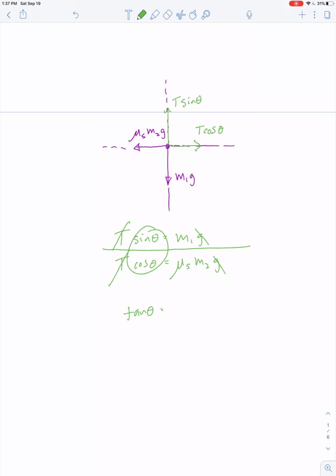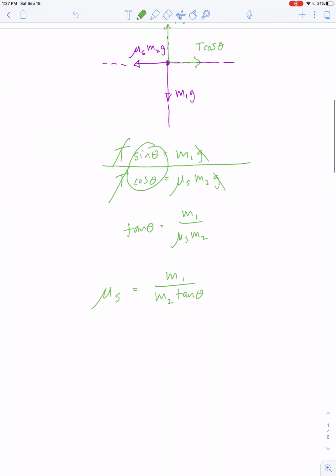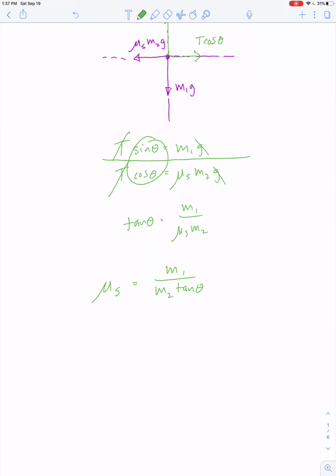Tangent theta is M1 over mu static times M2, so if we cross multiply, mu static is equal to M1 divided by M2 times tangent theta. And if that represents the minimum amount of static friction, I suppose it works to say that as long as the coefficient of static friction is greater than or equal to that value, then the system will remain at rest.